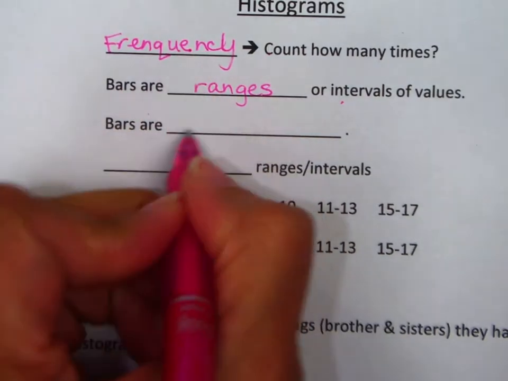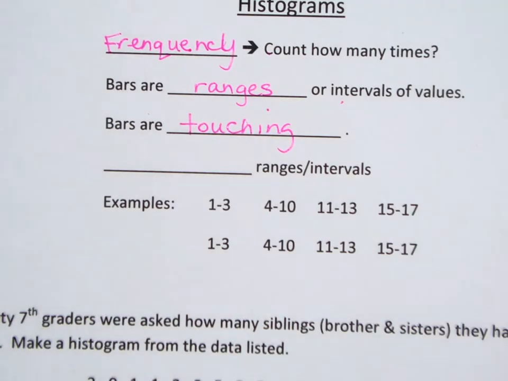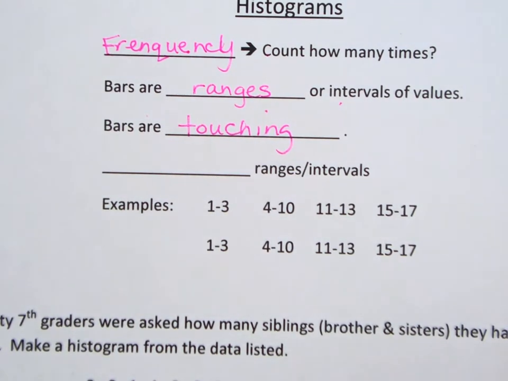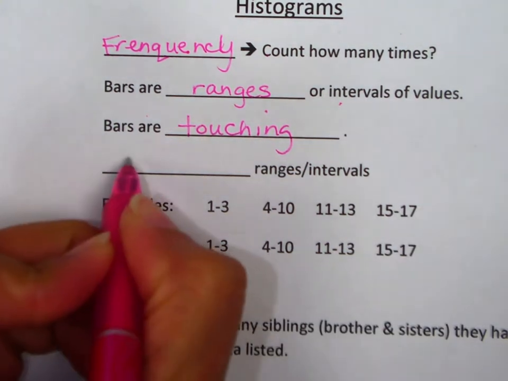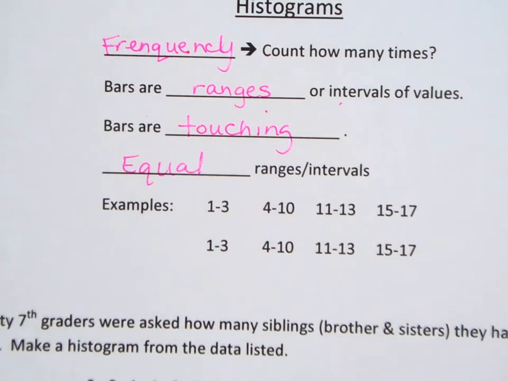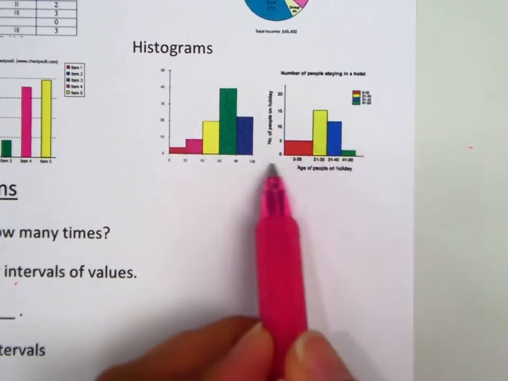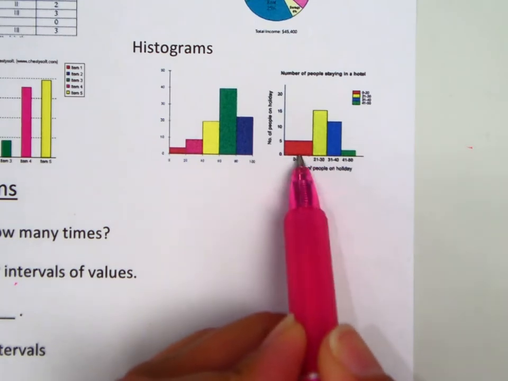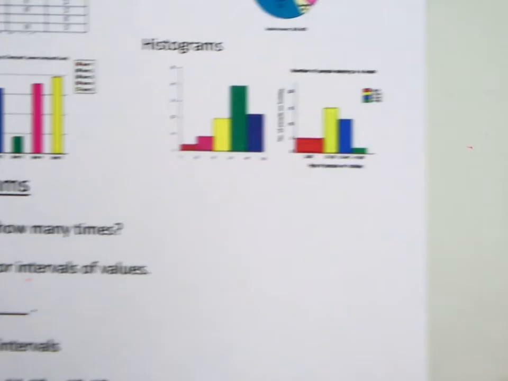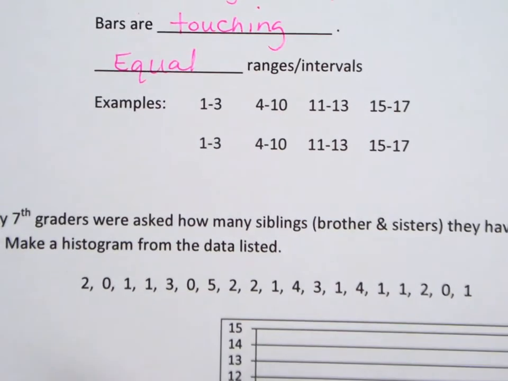The bars are always going to be touching on a histogram, and the ranges or intervals must be equal. And when they're equal, you will have bars that will be the same width. If they're unequal, your bar will be a little bit wider, and we don't want that. So let's look at two examples of our ranges so we can see the difference.